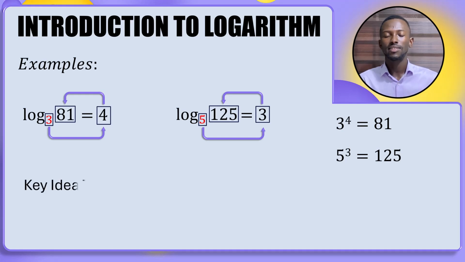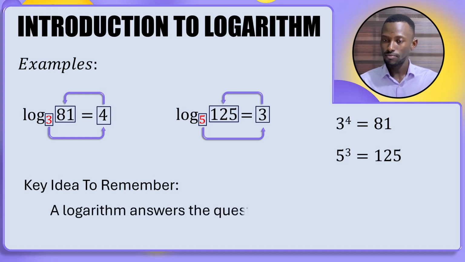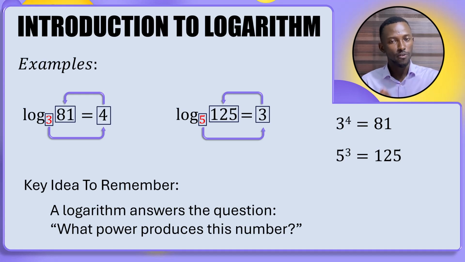Indices. So this is a very important idea to remember as far as logarithm and indices is concerned. Logarithm answers the question, what power produces this number? So if I give you a question in an exam, for example, log base 3 of 81 equals what?